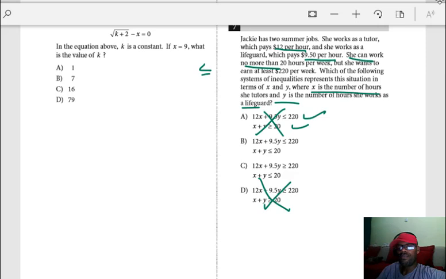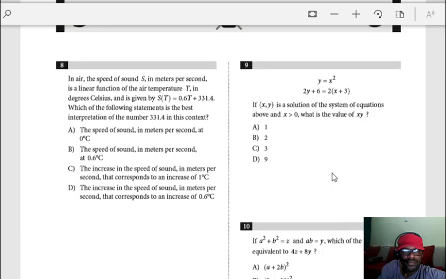I have two choices, B and C, so I eliminate two. Then for the second, you go to 220, but she wants to earn at least; at least means greater than or equal to. So I will choose the one that has greater than or equal to here, which is C. Let's move on to the next one.